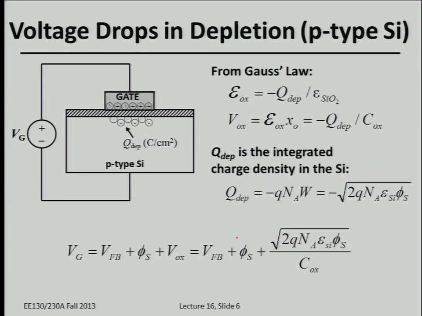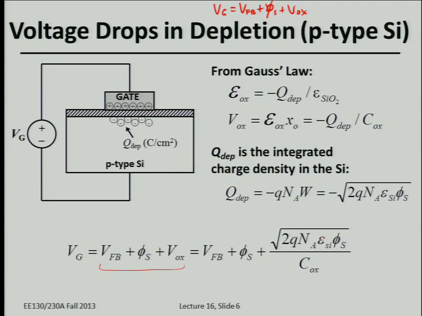Okay, so now let's come up with a more precise equation for all the voltage drops in this MOS system. Remember, I'm just going to repeat again, when you apply a gate voltage, that has to be equal to the flat band voltage plus the voltage drop across the silicon plus the voltage drop across the oxide. Okay, that's what's repeated down here. But now the question is, what is the voltage dropped across the oxide?